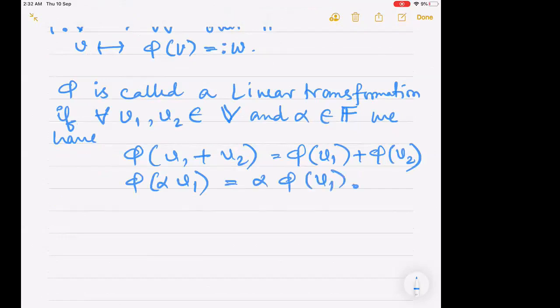So if the mapping respects the vector addition and scalar multiplication in the vector spaces V and W, then that transformation is called a linear transformation.